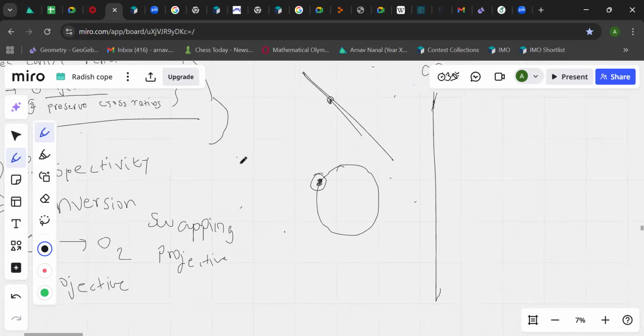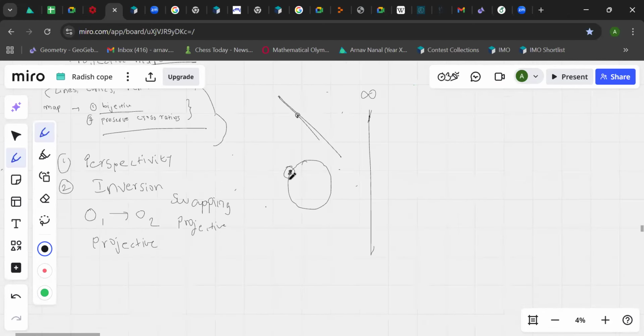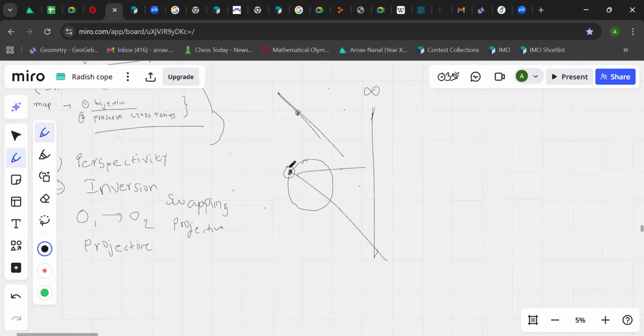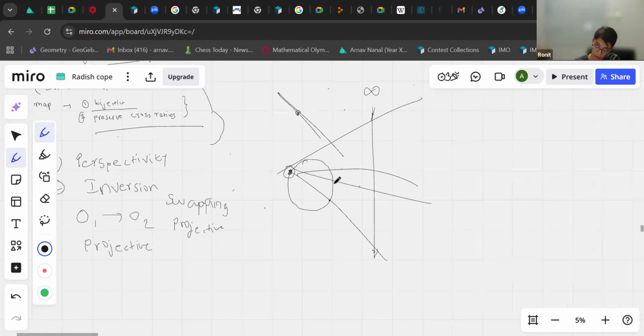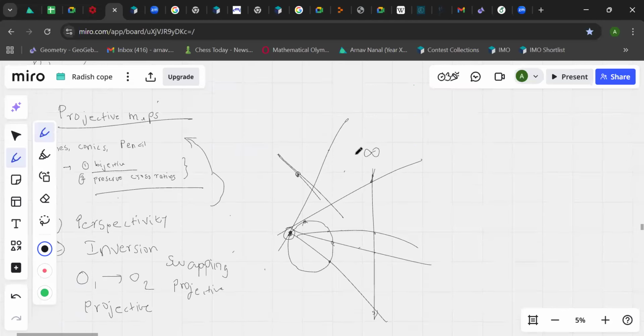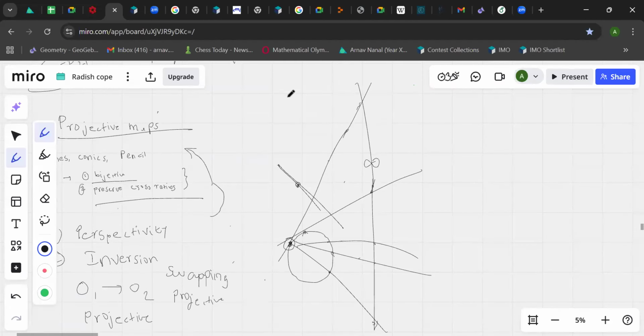It's probably trivial, because these lines are just preserved. The tangent will intersect somewhere else, and the line at infinity will go here. Yeah, makes sense. So it's probably trivial.